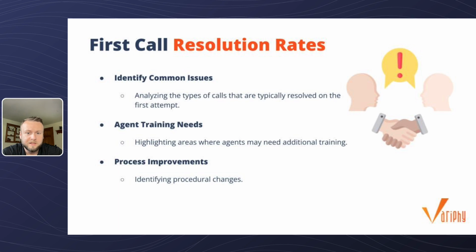Agent training needs, highlighting areas where agents might need additional training to improve their problem-solving skills. And then general process improvements, identifying any procedural changes you can make that will enhance FCR rates and overall efficiency.